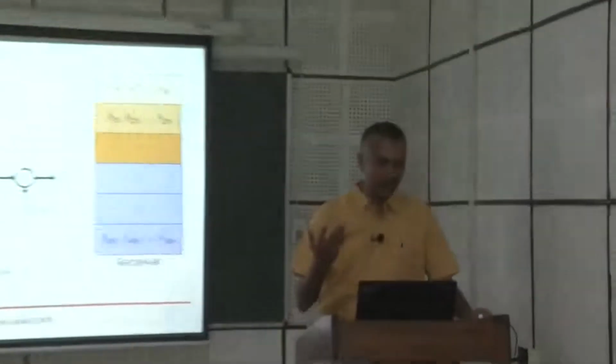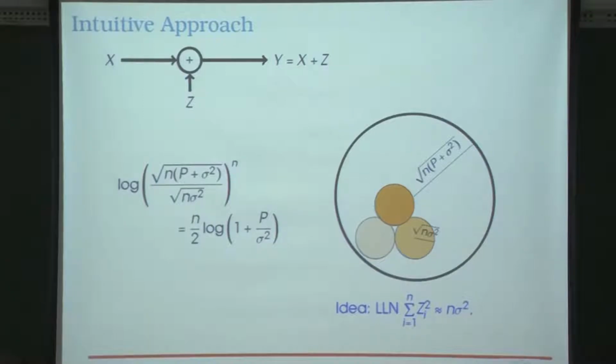So in n uses of transmission, I can spend at most E energy or P power to send it. Here is an intuitive approach under these conditions to derive Shannon's formula. We will have a much more rigorous approach as we go on.